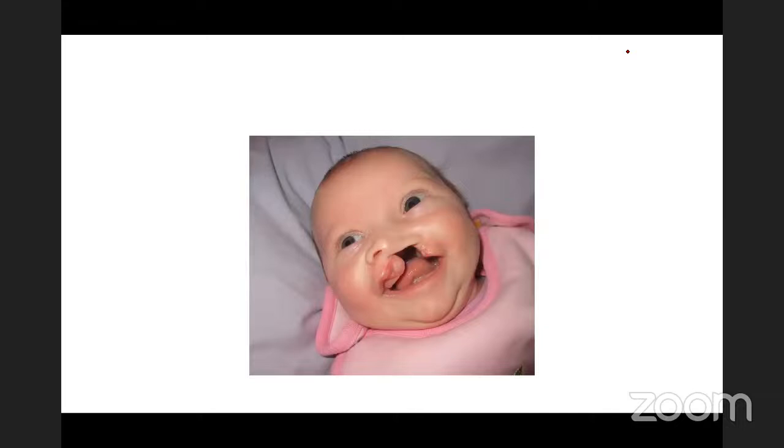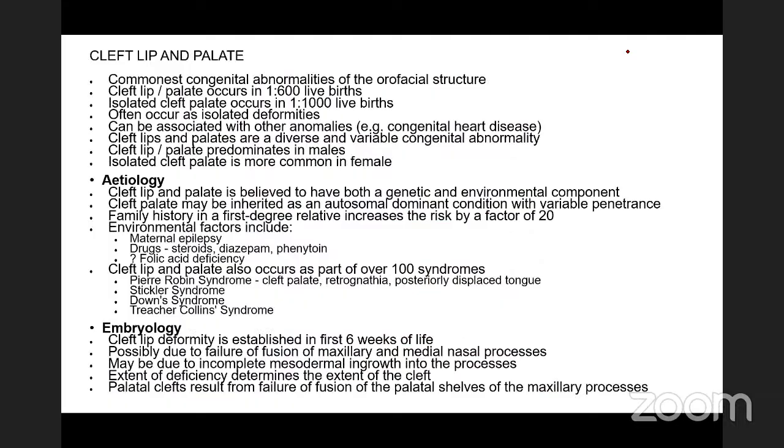Now, this image is showing a child with a cleft lip and palate. Now, cleft lip and palate is a commonest congenital abnormality of the orofacial structure. Cleft lip or palate occur in 1 in 600 live births.